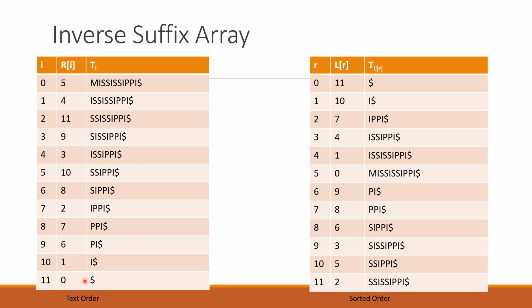This is lexicographically the lowest, then followed by this, then followed by this, and so on and so forth. In the right table we have all the sorted suffixes. Here R tells us the rank of the suffix, and LR tells us the original index position in the text order array.